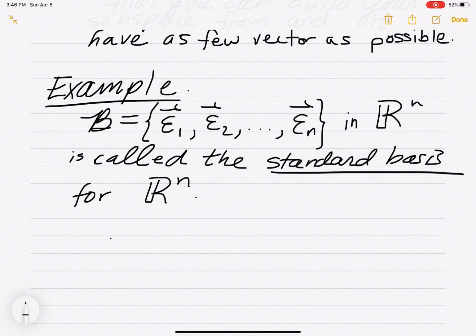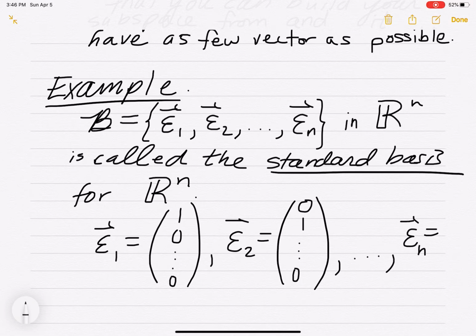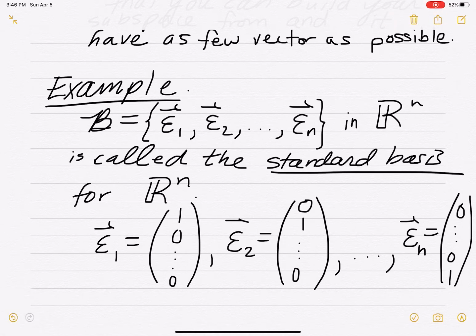You remember what these vectors are, right? 1 with a bunch of zeros, 0, 1 with a bunch of zeros, and so on and so forth, right? A bunch of zeros and 1. So what I'm saying is that you can build any vector in Rn out of just these n vectors. Just these n vectors are enough.